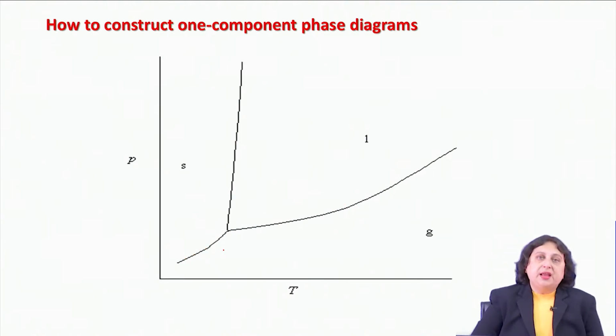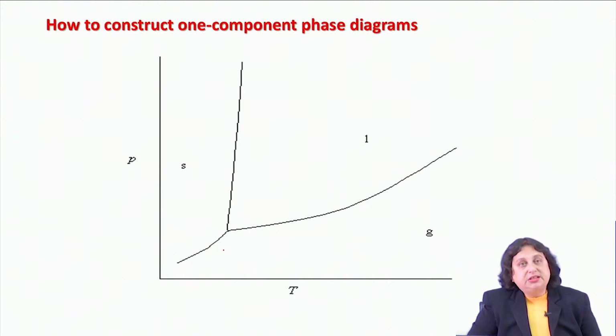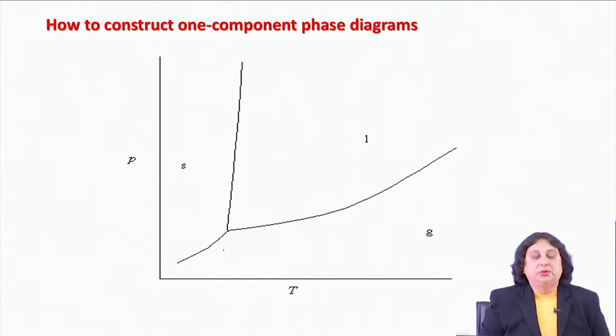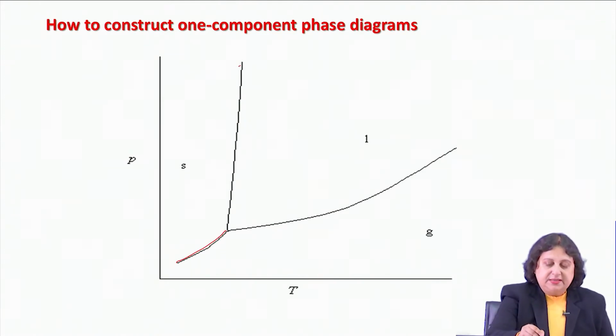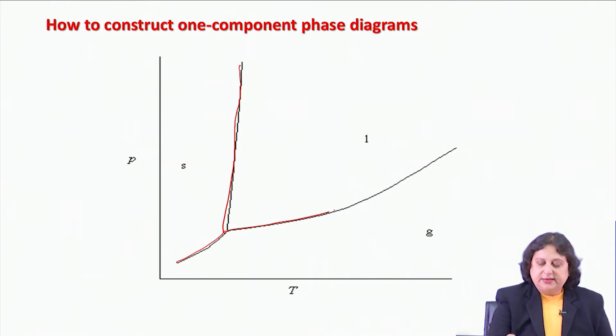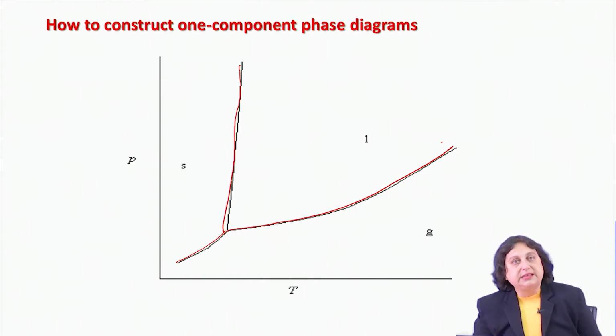Now, when I have constructed these curves separating the single phase regions of the phase diagram, then I understand that any point in this PT plane, if it is not a part of any of these curves, then it is understood that any point outside these curves is where the system is stable in a single phase.